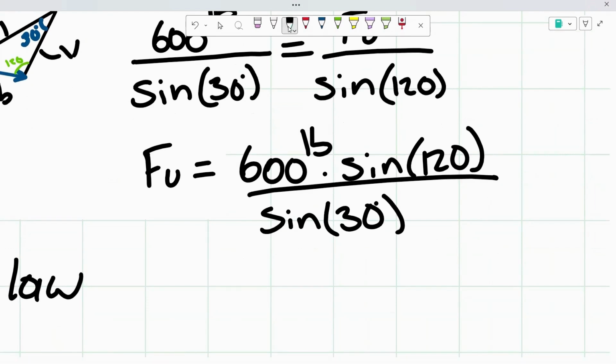And then all you have to do is simply plug that into your calculator. Something to note is you want to make sure that your calculator is in degrees and not radians, because if it's in radians, it's going to give you a different answer.